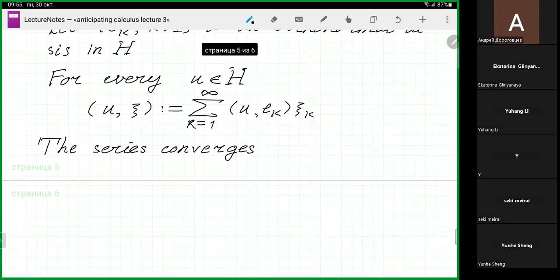Indeed, if we consider its summands, they are orthogonal.